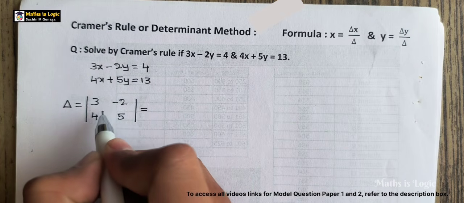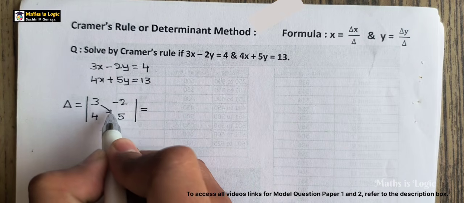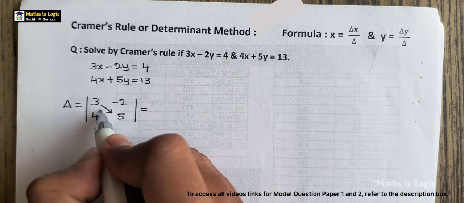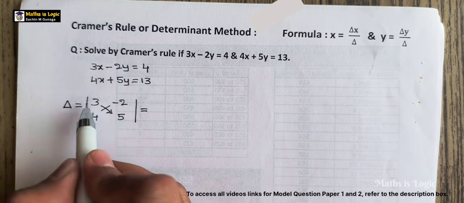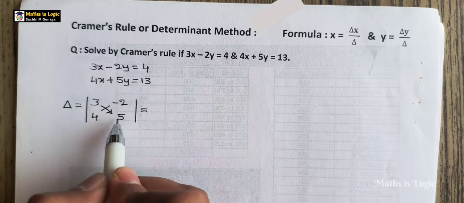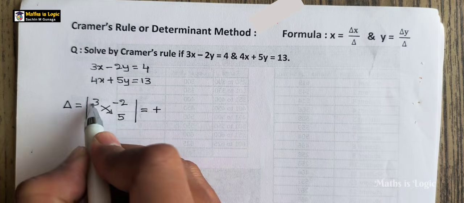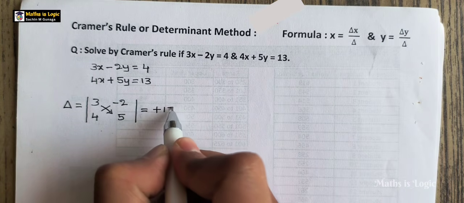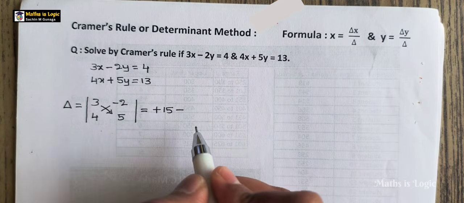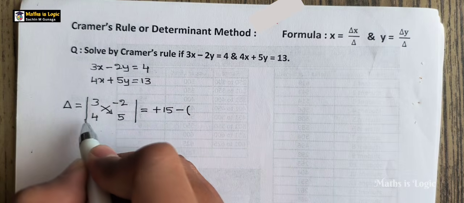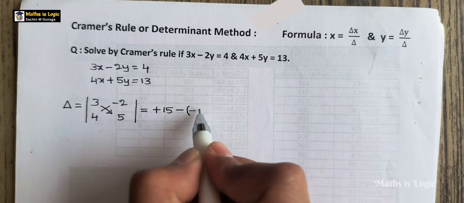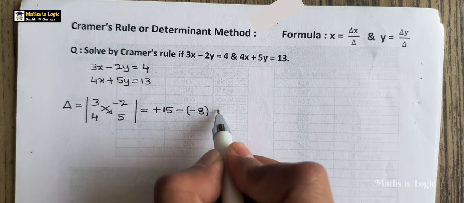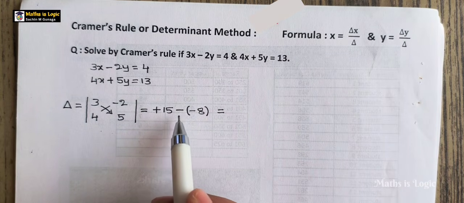Next, apply the second order determinant rule. What is that rule? Cross multiplication, middle always minus sign. Along this arrow, first do the multiplication. Before multiplying the numbers, multiply the signs. Plus into plus is plus. 3 into 5 is 15. Middle always minus sign. Again in the bracket, plus into minus is minus. 4 into 2 is 8.